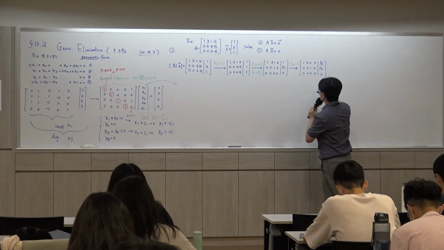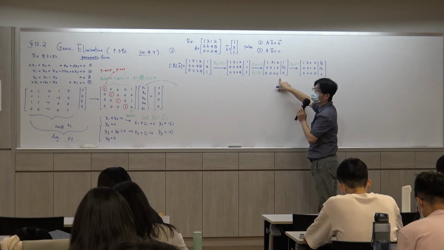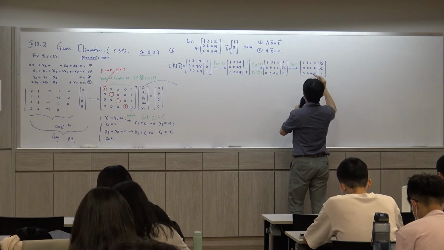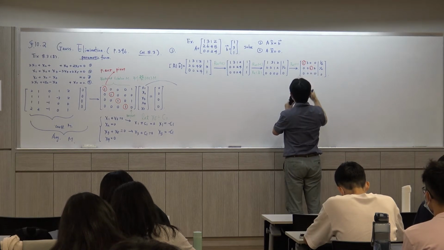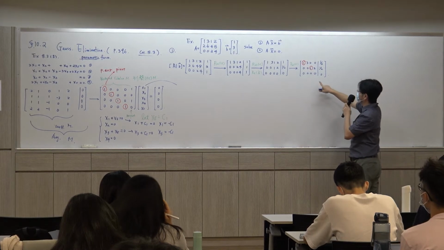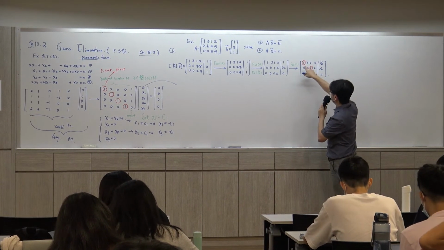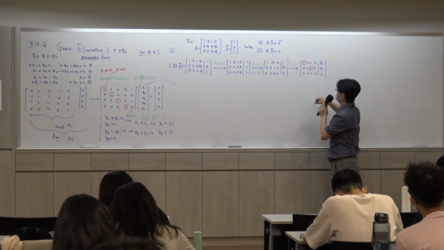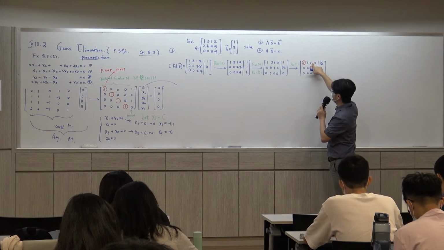Okay, so here we try to get a reduced echelon because there are 2 pivots here. And what does a pivot mean? We need to make sure the column only has the value 1 at the pivot site, and the other elements should be 0.